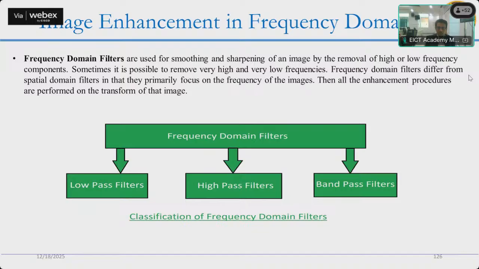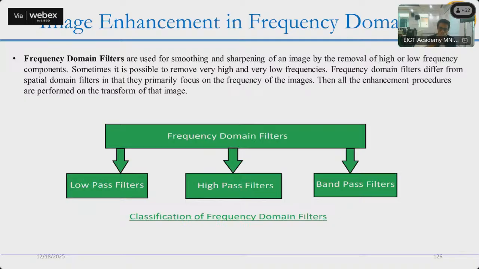If you have any question, I have one question for everyone, on this frequency part. Will a high pass filter allow high frequency signal?